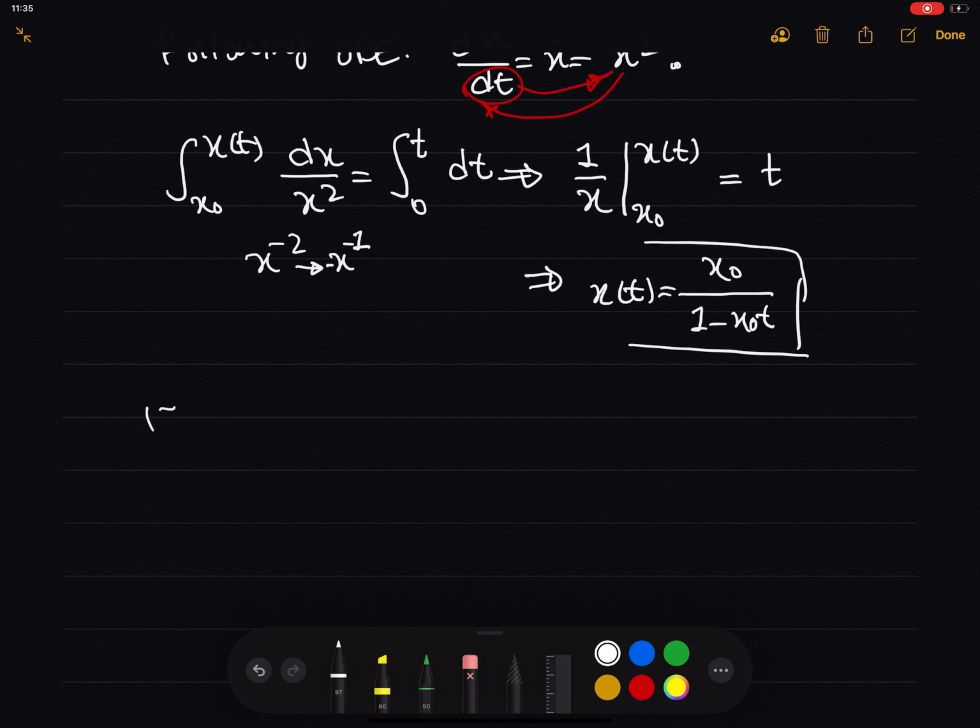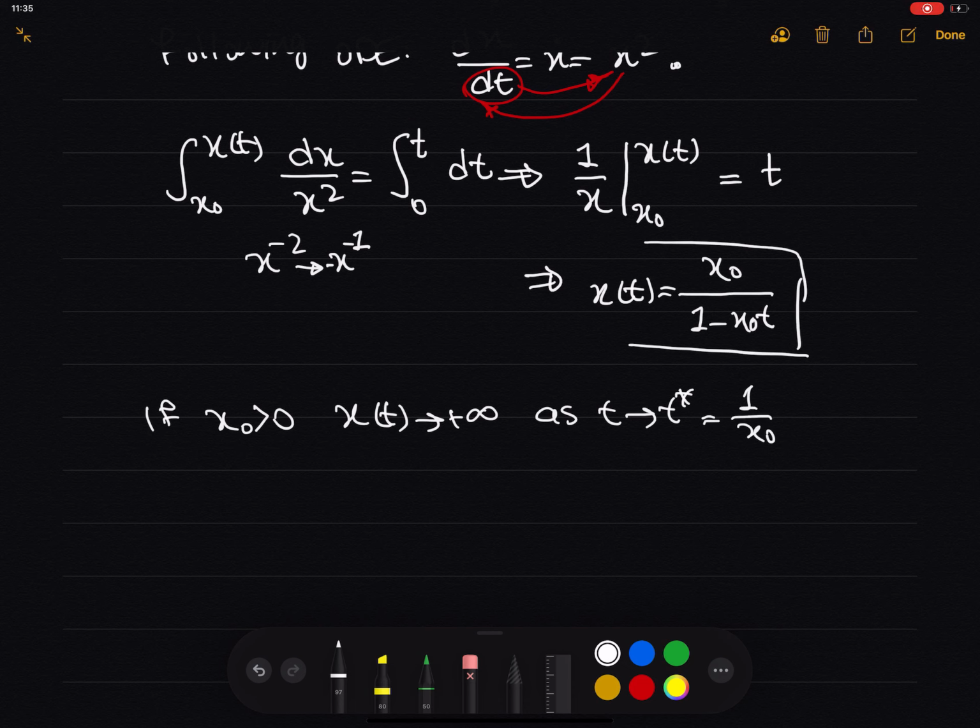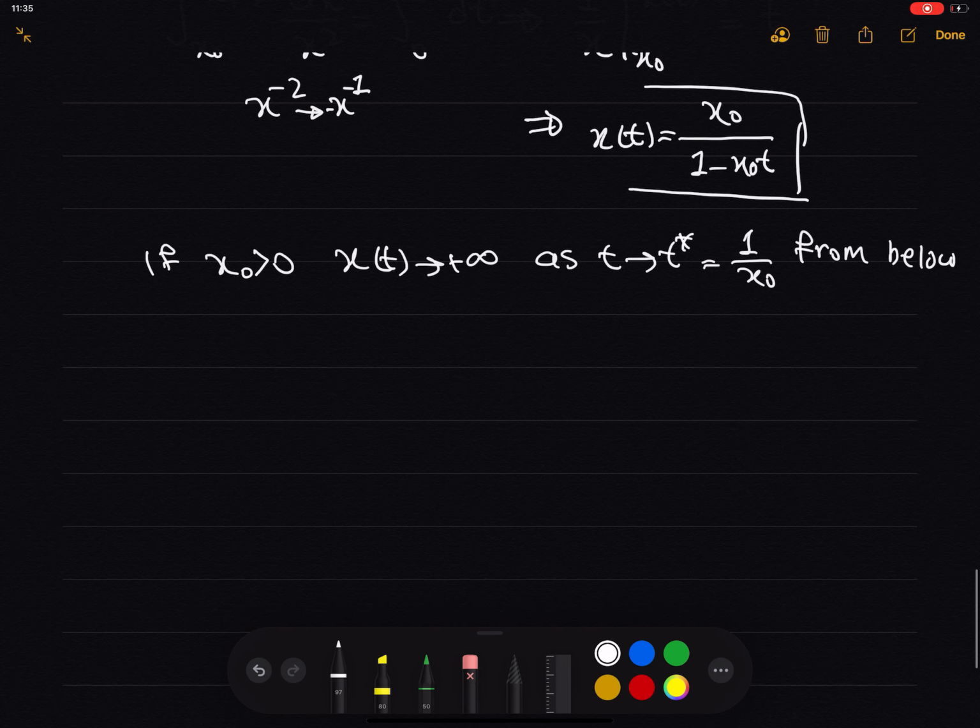So if x0 is greater than 0, x(t) is going to go to positive infinity as t goes to t star, or 1 over x0. This is going to go to infinity from below. So let's see how it looks.